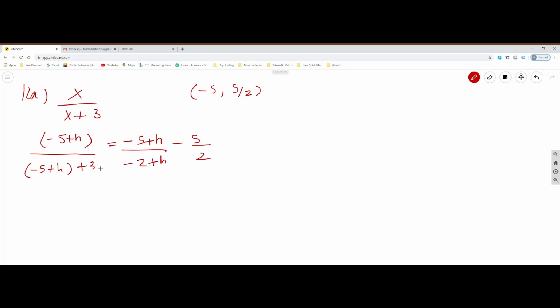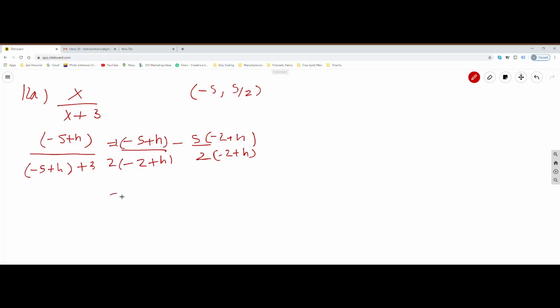So then you multiply it by the denominator, which is negative 2 plus h, and negative 2 plus h. And you multiply this also by 2 because there's a 2 there.